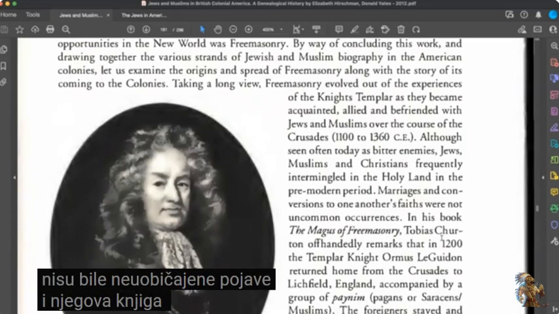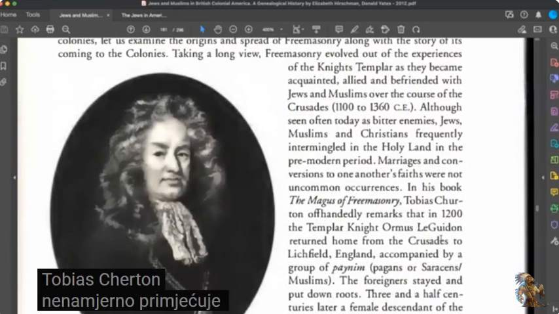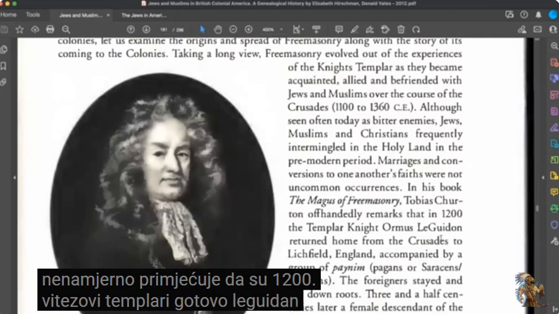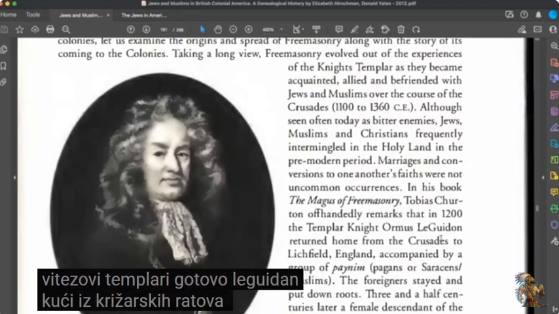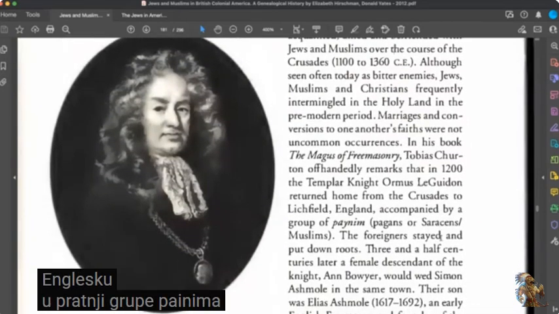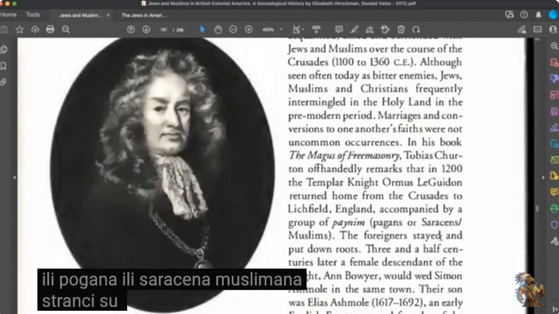In his book, The Magus of Freemasonry, Tobias Churton offhandedly remarks that in 1200, the Templar Knights Ormus Leguidon returned home from the Crusades to Lichfield, England, accompanied by a group of Paynim, or pagans or Saracens, Muslims. The foreigners stayed and put down roots.